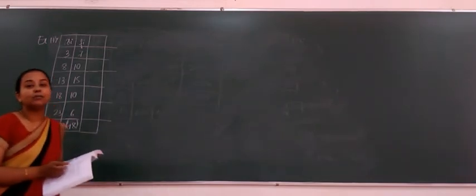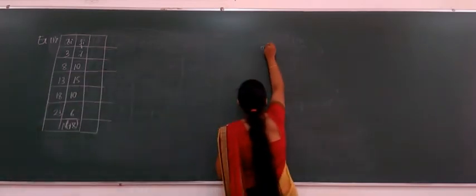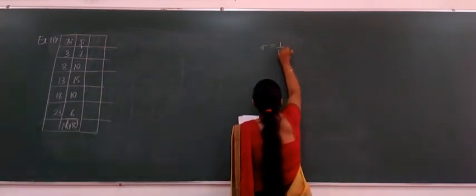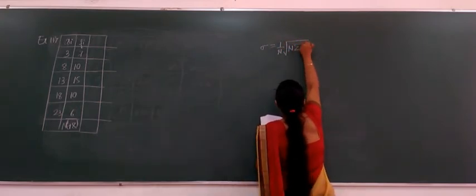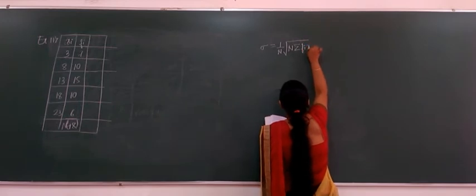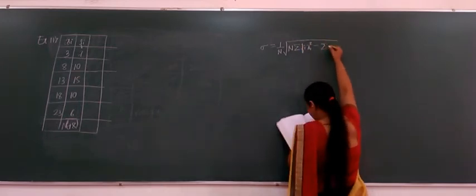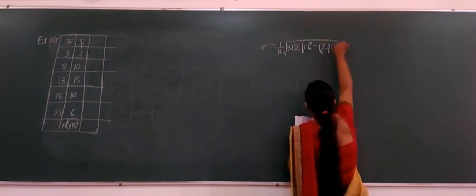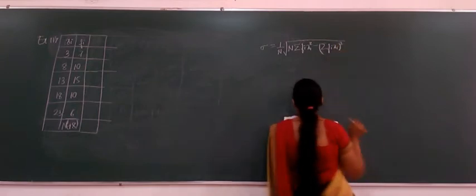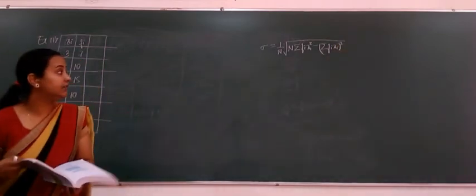There is a direct formula for standard deviation: sigma is equal to 1 upon n, square root of n into summation of fi into xi square minus summation of fi into xi whole square. This is the formula which gives us the standard deviation directly.